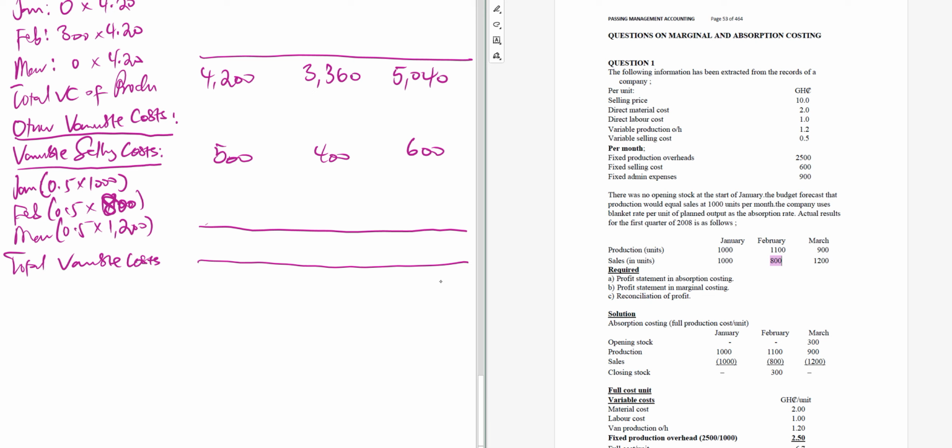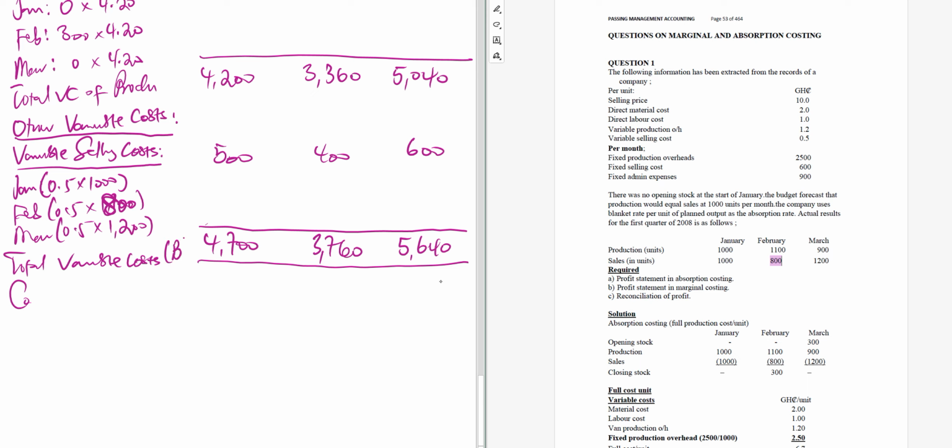Remember that when we sum all our variable costs and deduct from sales, we get contribution, right? So 4,200 plus 500 gives us 4,700. Then 3,360 plus 400 gives us 3,760. We have 5,040 plus 600, that gives us 5,640. Now we get our contribution.